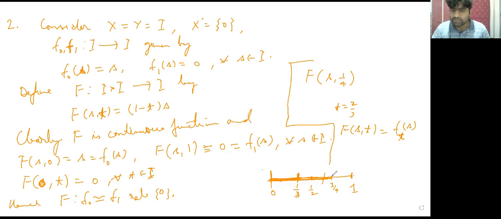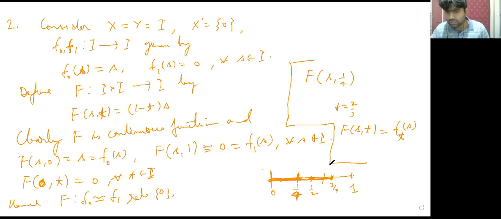So first for 1 upon 4 the range is this much, then for half the range is this much, then for 3 upon 4 the range is this much, and so on. I hope it is clear now.